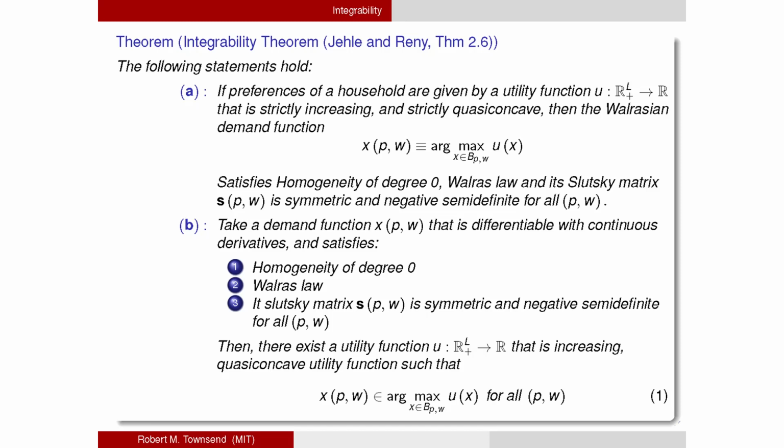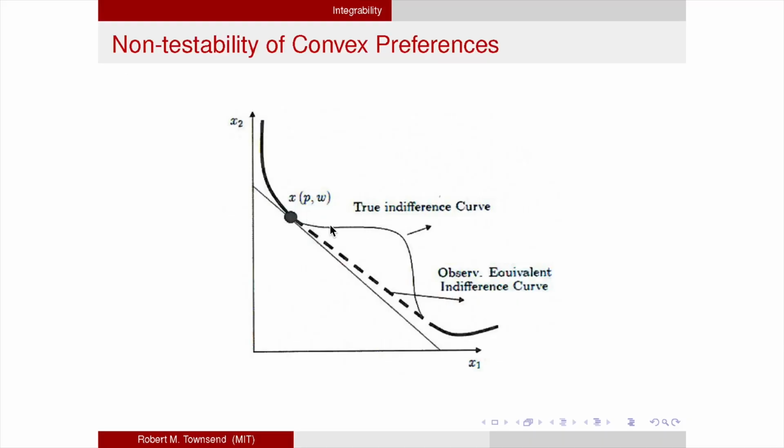Again, the statement, there exists a utility function that is increasing and quasi-concave. That's probably confusing because it looks like we just said the utility function is quasi-concave. No, this one is not. That's the true underlying function, but we can't test for that. All we see in the observables are the one that as if generated the dashed line.